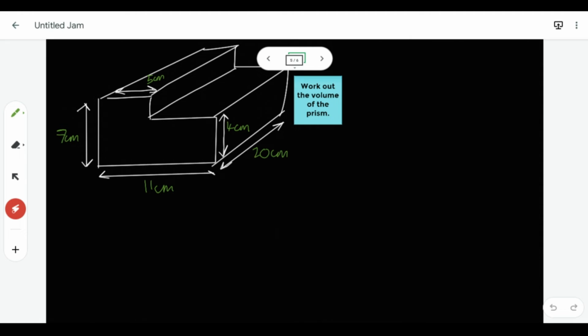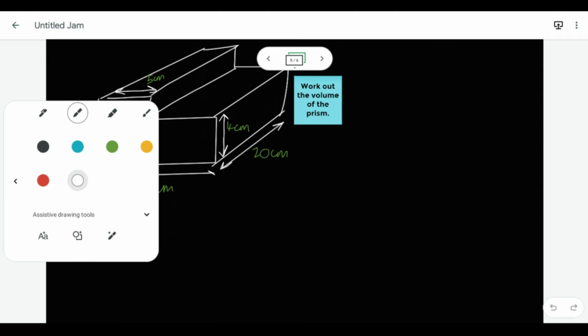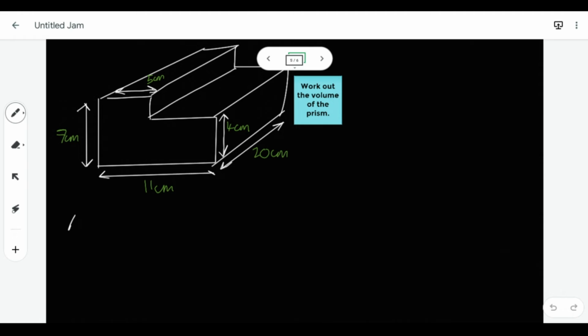So, for the smaller shape, the area would be 5 times by, now this much length can be calculated by taking 4 away from 7, which is 3. Okay, so it would be 5 by 3 for that shape.